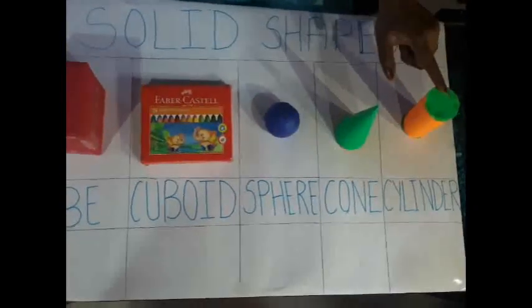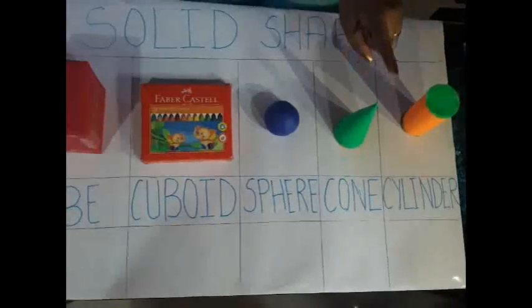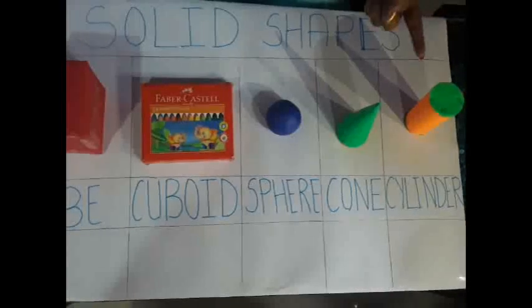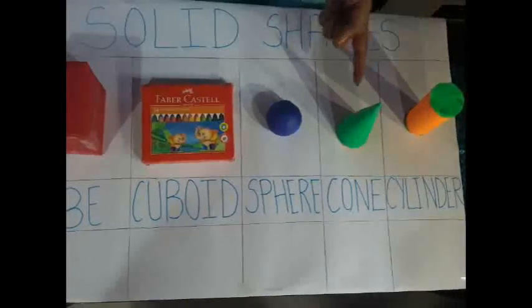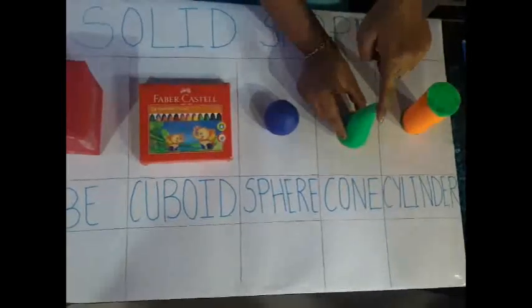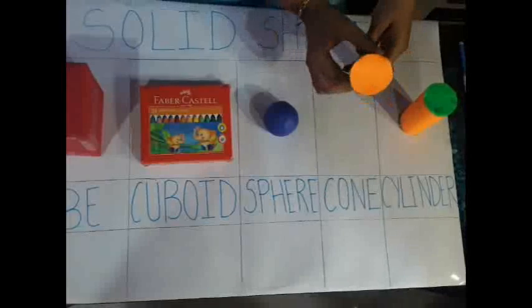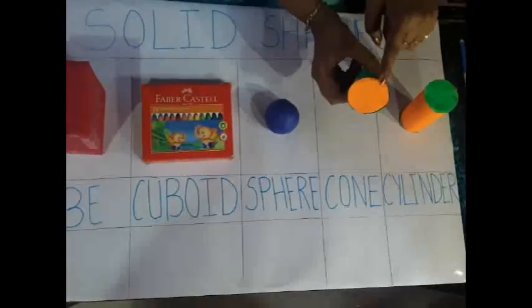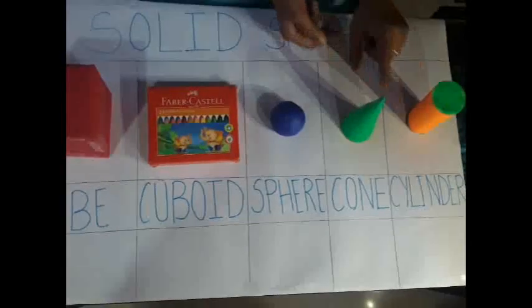These are the two solid shapes which have the property of flat faces as well as curved face. For example, this is a curved face, whereas you can see this is a flat face. So cone always has flat as well as curved face.